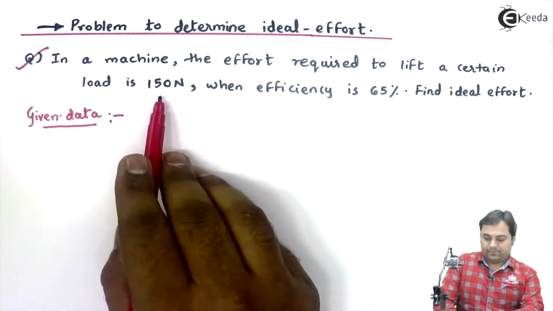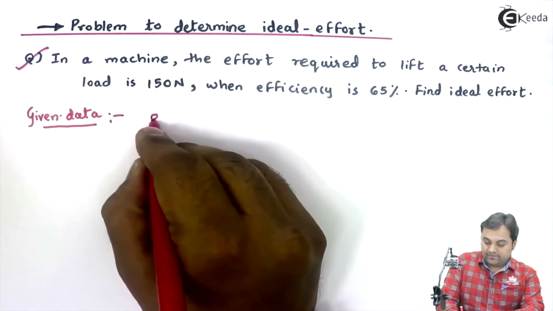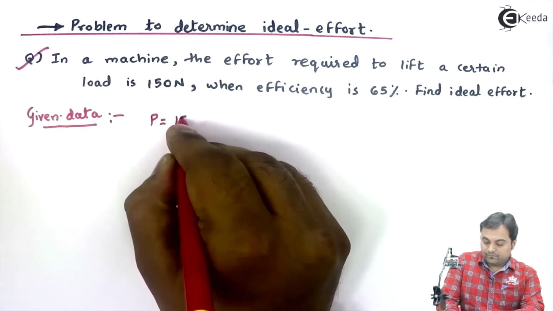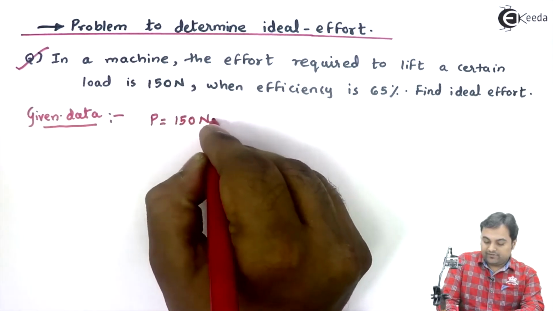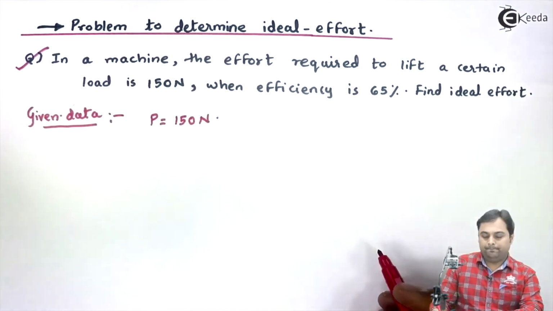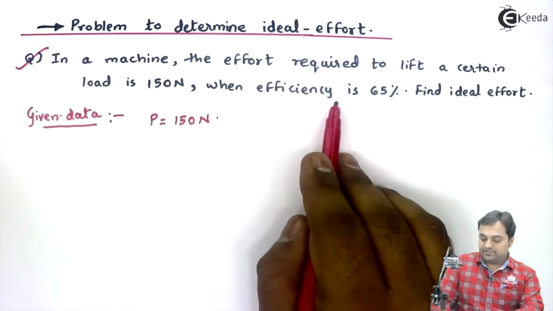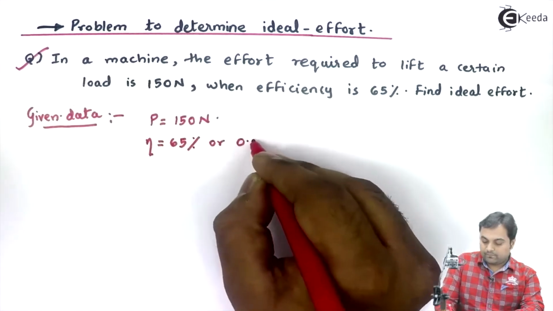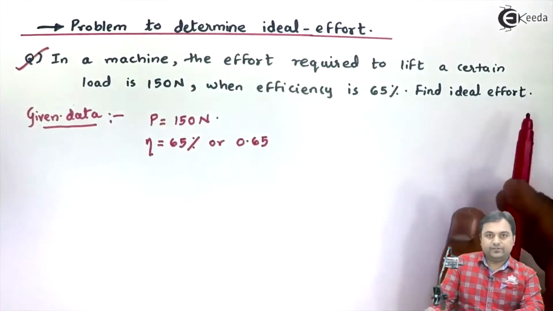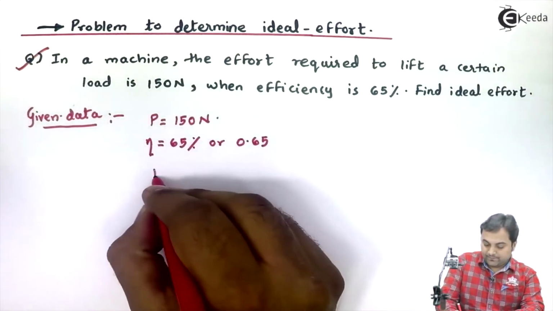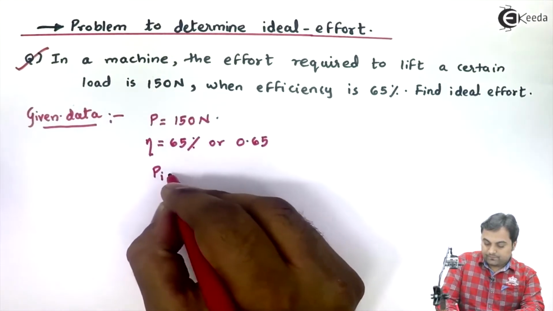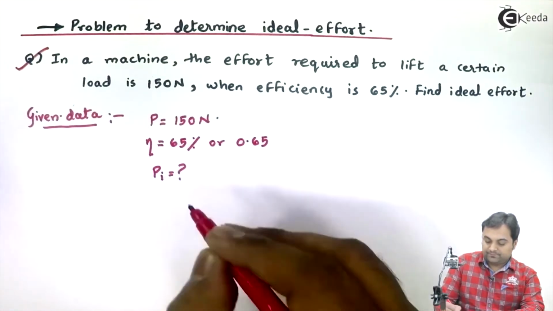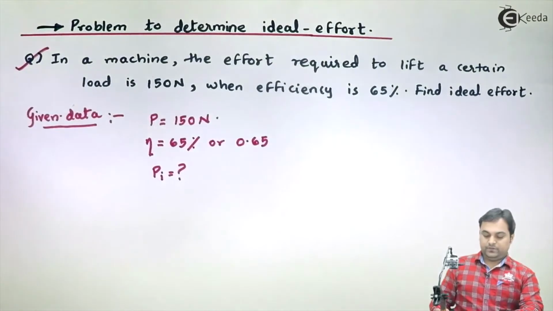Effort is given, so I'll write down P is equal to 150 Newton because effort is denoted by letter P. When efficiency is 65%. Find ideal effort. This is the question. P suffix I is the ideal effort. This much is the data.